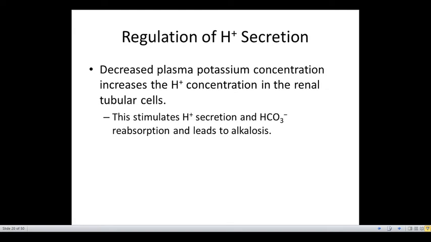Decreased plasma potassium concentration, that is hypokalemia, increases the hydrogen ion concentration in the renal tubular cells. This stimulates hydrogen ion secretion and bicarbonate reabsorption and leads to alkalosis.